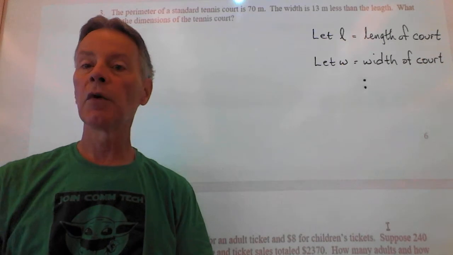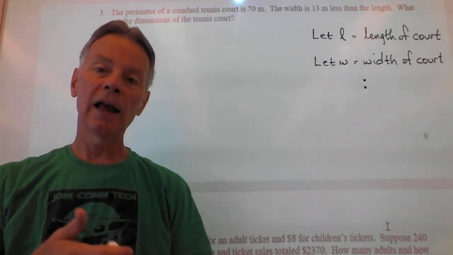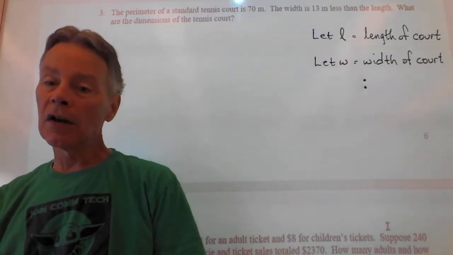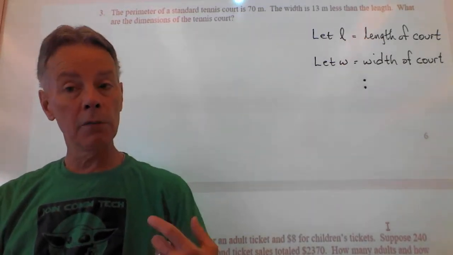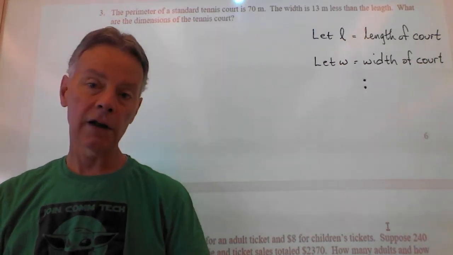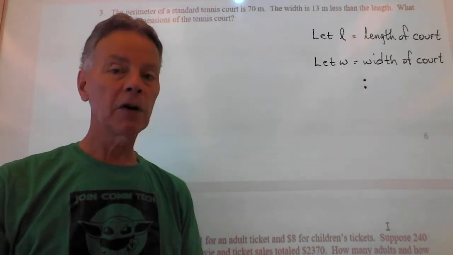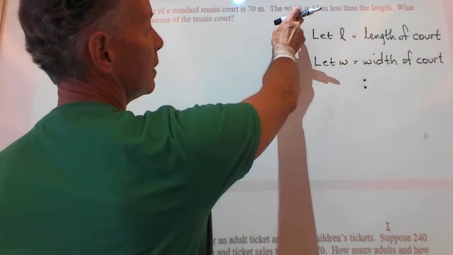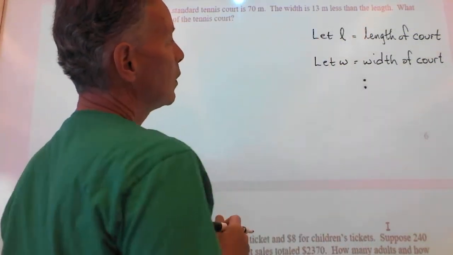Or in the last one, you wouldn't just say, let A equal adults, let C equal children, because it's unclear then whether you're talking about the number of adults or the cost for an adult ticket, okay? So be very specific when you declare those variables. Anyways, we're going to come up with two equations.